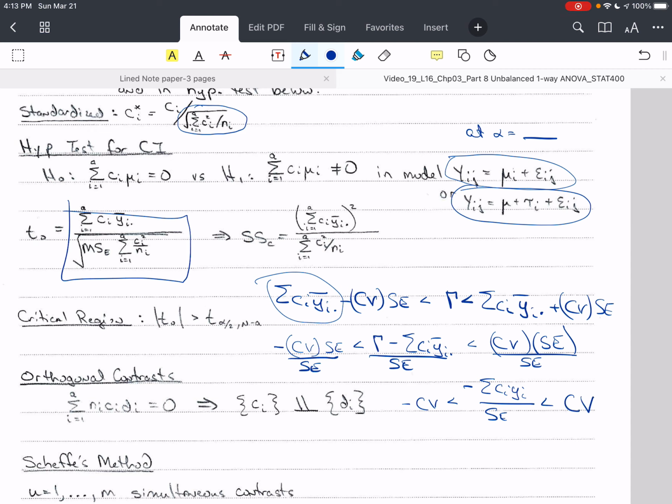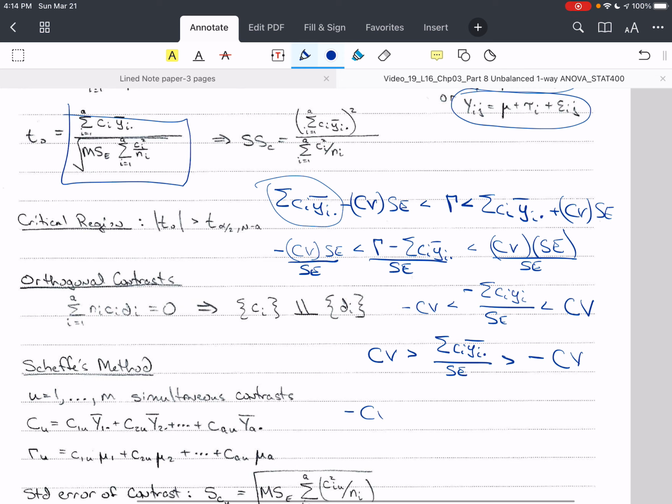And so all we have to do is multiply by the -1. We change our sign. CV greater than sum of ci yi dot bar over SE is greater than negative CV. And so we could rewrite this as negative CV is less than sum of ci yi dot bar over SE is less than positive CV.